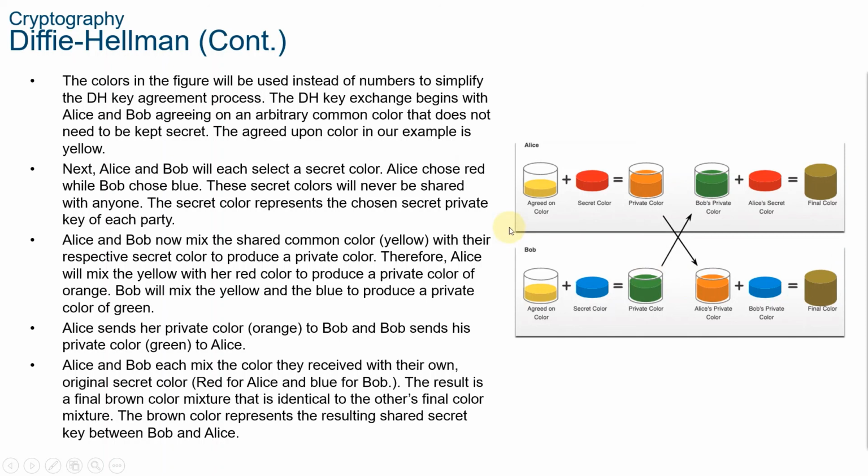The agreed on color in our example is yellow. Next, Alice and Bob will each select a secret color. Alice chooses red and Bob chooses blue here. These secret colors will never be shared with anyone. The secret color represents the chosen secret private key.